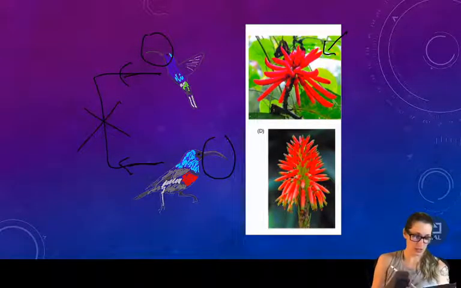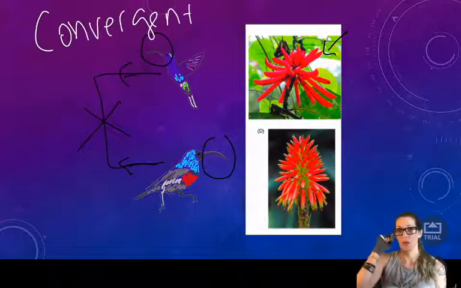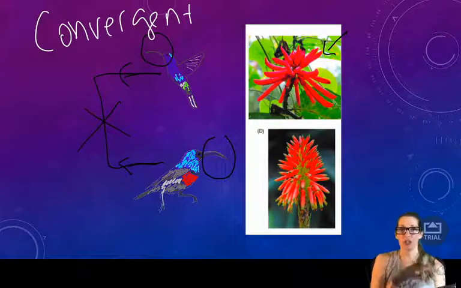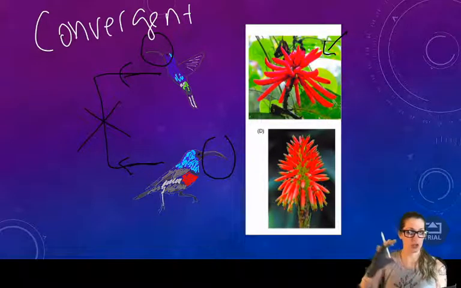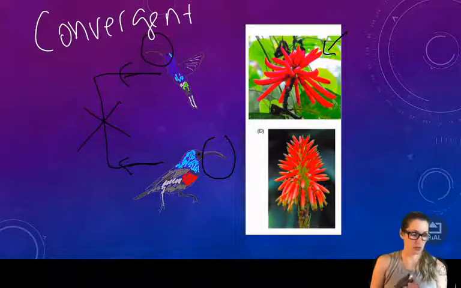So this is what is called convergent evolution, where the environmental pressures cause two separate lineages to converge on the same solution. They both face a similar, quote-unquote, problem, and they converge on a similar or the same solution. That's convergent evolution.